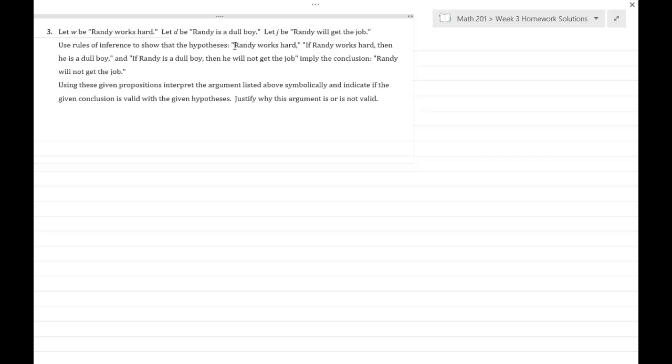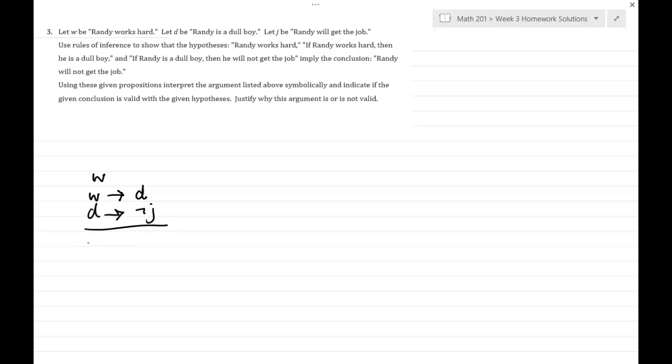So Randy works hard, so our premise is W. If Randy works hard, then he is a dull boy, so D. And another premise is if Randy is a dull boy, then he will not get the job, so negation of J. And we want to show that this implies that Randy will not get the job.